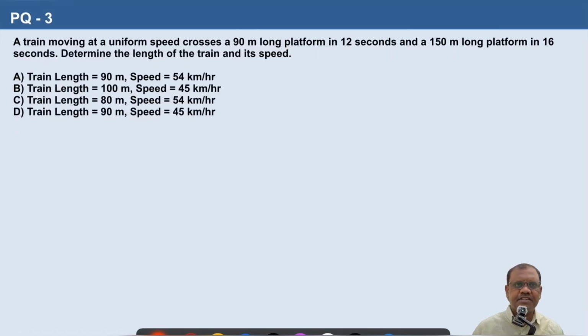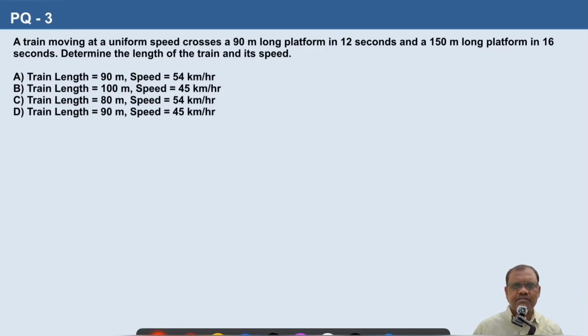Now question number 3. A train moving at a uniform speed crosses a 90-meter long platform in 12 seconds and a 150-meter long platform in 16 seconds. Determine the length of the train and its speed.